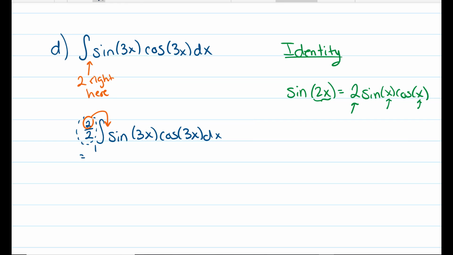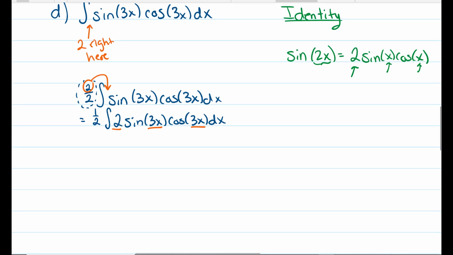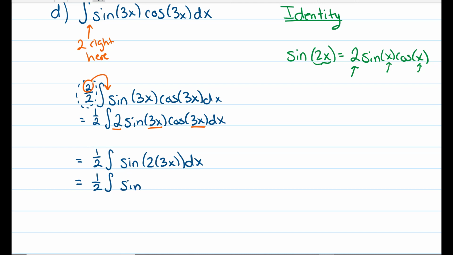So this is equal to 1/2 the integral of 2 sine of 3x cosine of 3x dx. Now notice that I have my 2, and I have the 2 angles that are the same. So I can rewrite this as 1/2 the integral of sine of 2 times that angle, which is 2 times 3x, dx, which is going to be 1/2 the integral of sine of 6x dx.